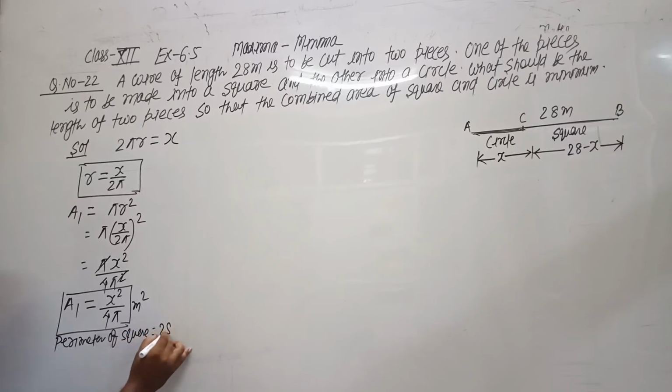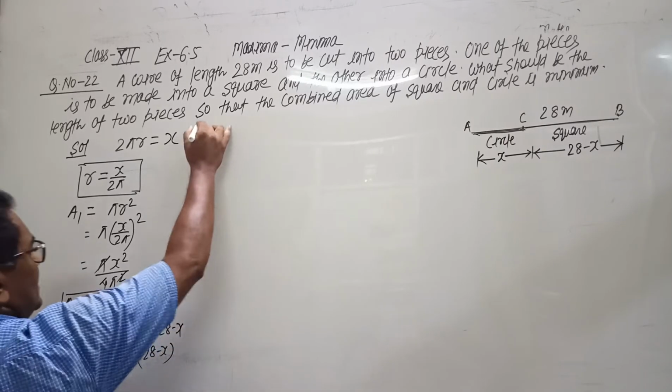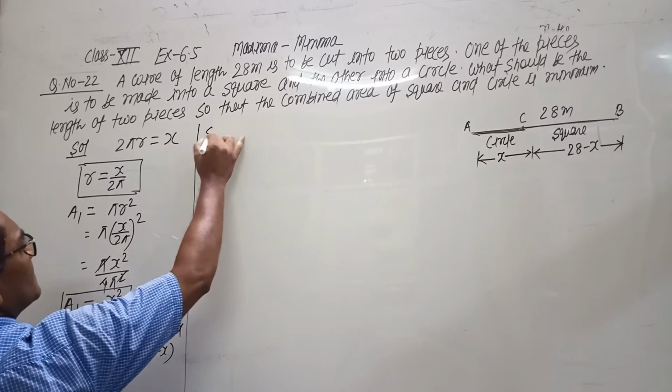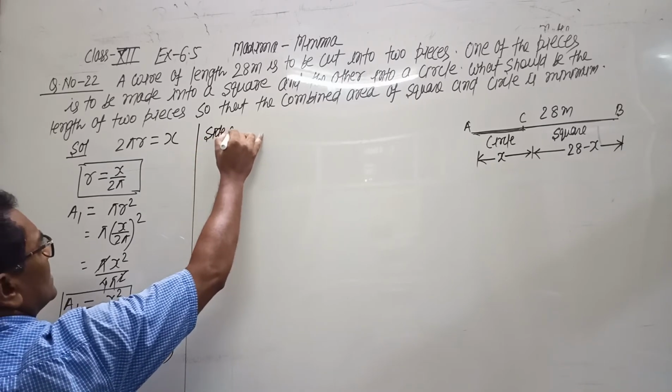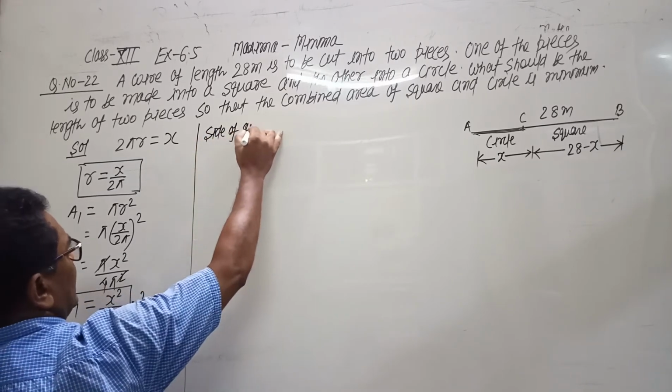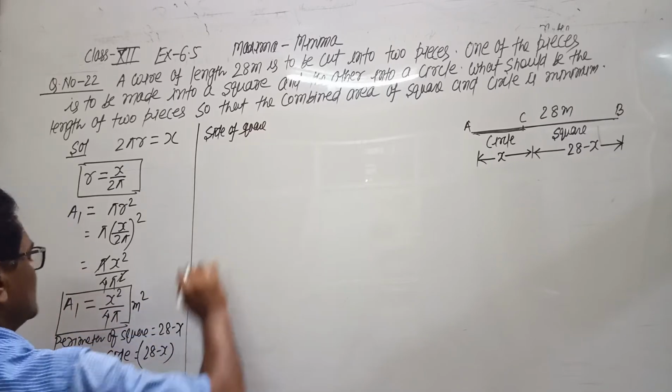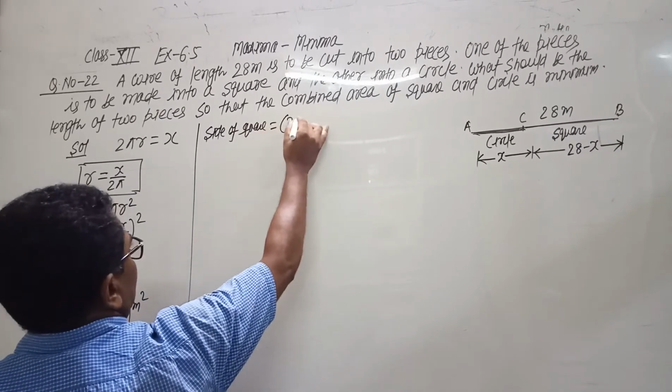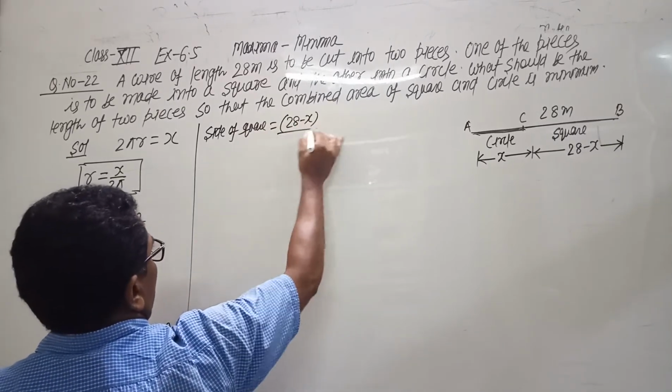We know the formula for the perimeter of a square, 4 into side equals 28 minus x, and the side of the square is 28 minus x upon 4.